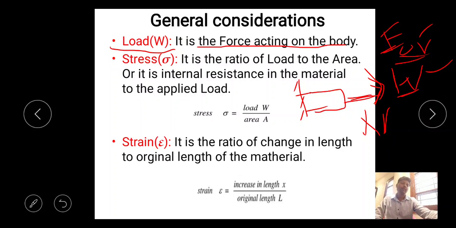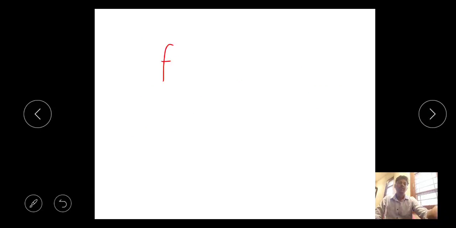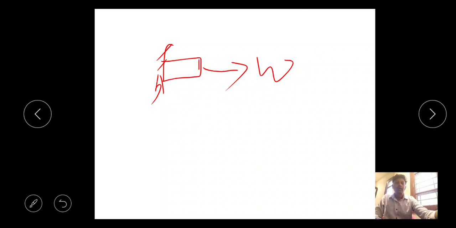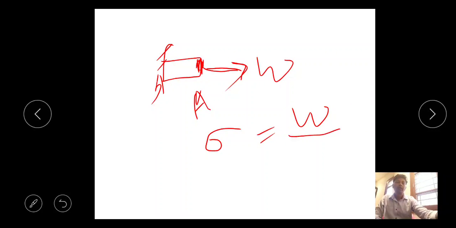Now, if I just take this example, a force W or a load W, and suppose the area of this thing is A, then the stress is the load acting, W, divided by the area it is acting on.